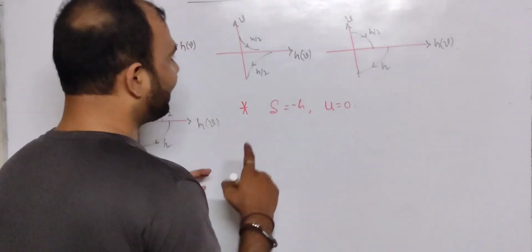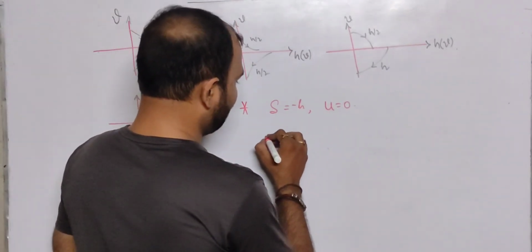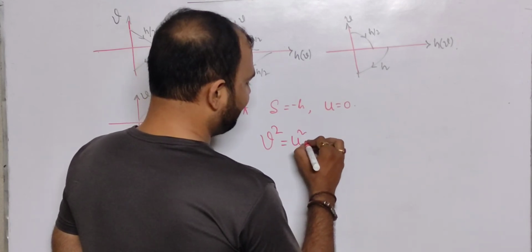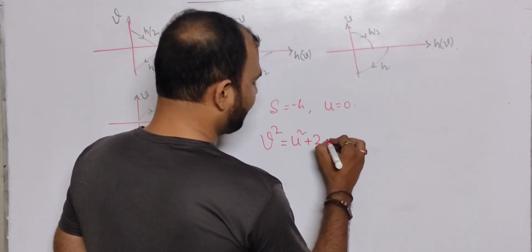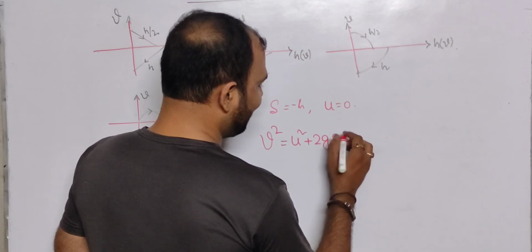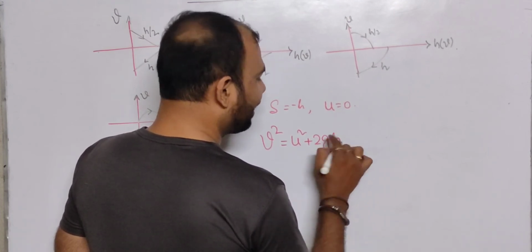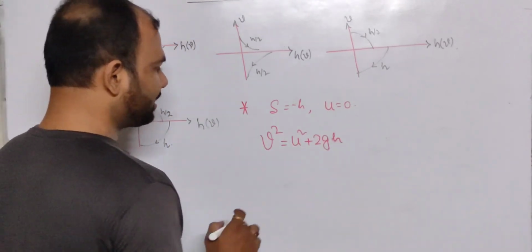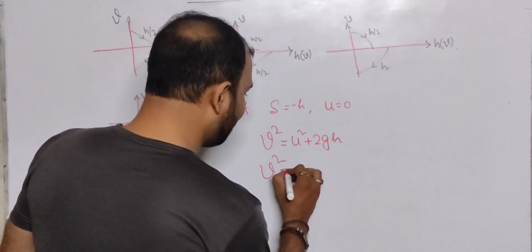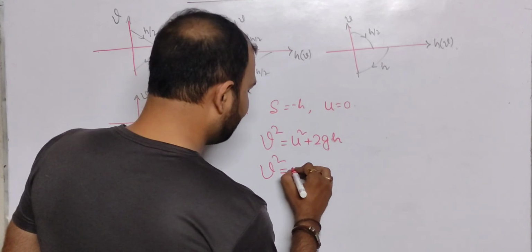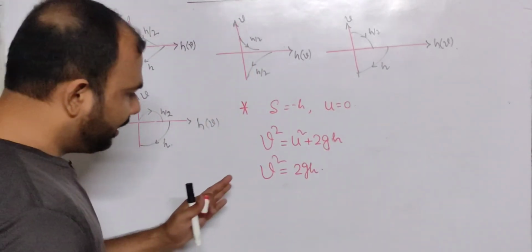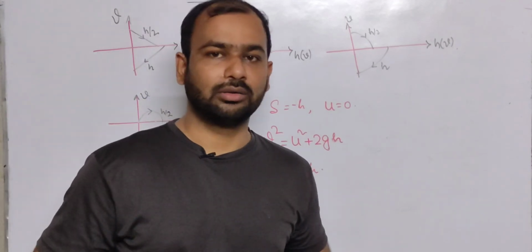Velocity, that means we have to find the final velocity. So we can use this equation, v square equals u square plus 2gh. Gravity is negative, height is negative, minus minus plus, initial velocity is 0, so v square equals 2gh. This is the equation of a parabola.